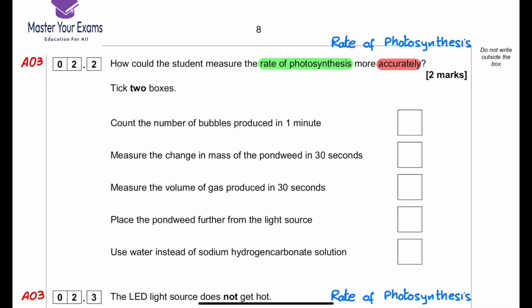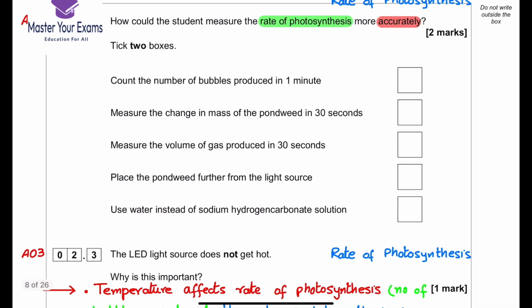It means the students need to measure how quick or how slow the photosynthesis process is going on and how accurately he can measure the rate of photosynthesis. It is an AO3 question, so this is an investigation based question, and different options are given and the student needs to pick two boxes from here. And most of the students try to make a mistake by picking up only one box. So there are different options given, 5 options are given.